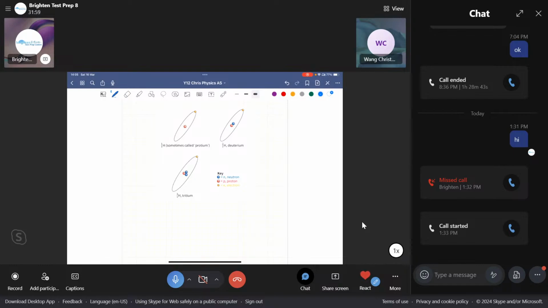The isotopes of hydrogen. Okay. All right. Yeah. Good one. And what does it mean then when you have isotopes? The atoms of the same element with the same proton number but a different number of neutrons.